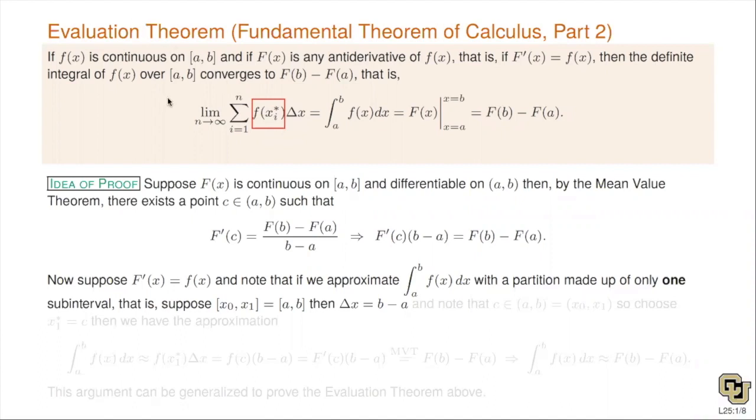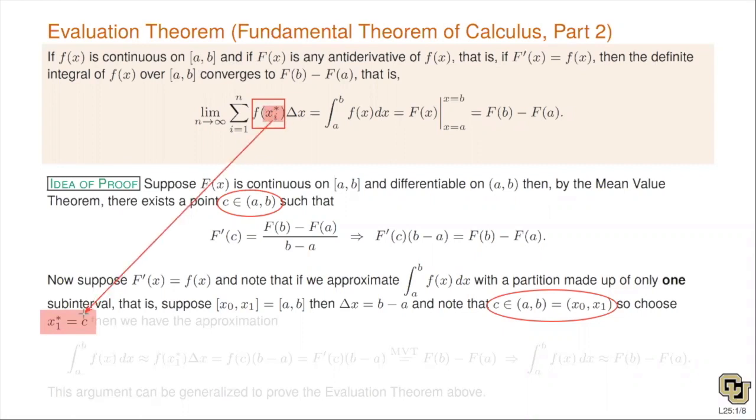What I now suggest is, hey, look, the mean value theorem gave us a number c in the interval. So c happens to be in our subinterval. So let's choose the x sub i star, the sample point from this subinterval, let's choose it to be the number c that we get from the mean value theorem.